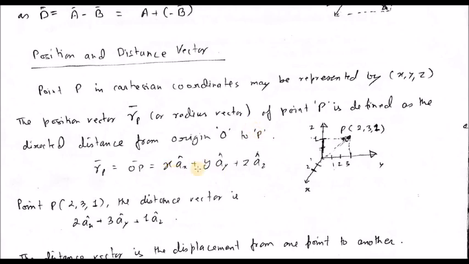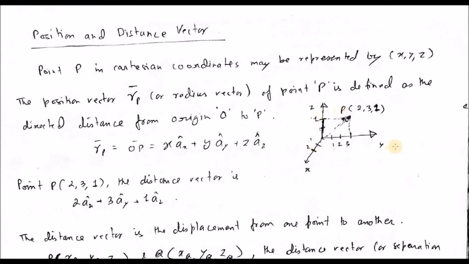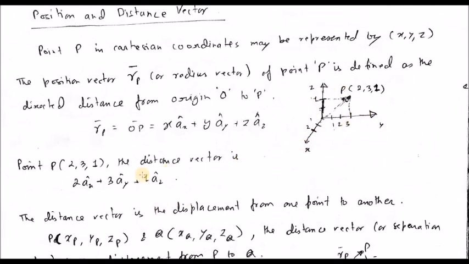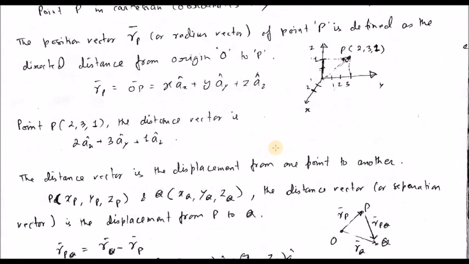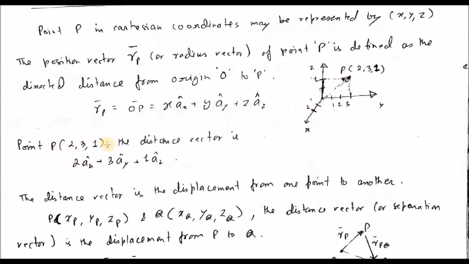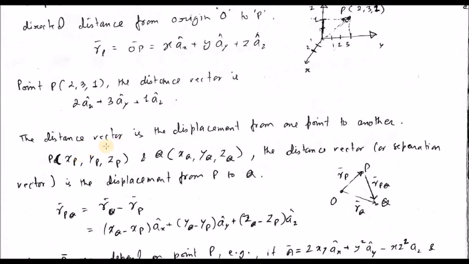So it will be x ax plus y ay plus z az. Now this is the example that I have used here. If point P is 2, 3, 1, then the position vector will be 2ax plus 3ay plus 1az.